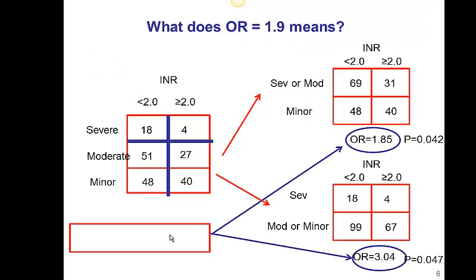So what is the assumption of proportional odds? When you say we combine these two odds ratios, some people may wonder, is it really okay to combine these two odds ratios? What if these two odds ratios are meaningfully different? The proportional odds assumption examines whether these two odds ratios are statistically different.